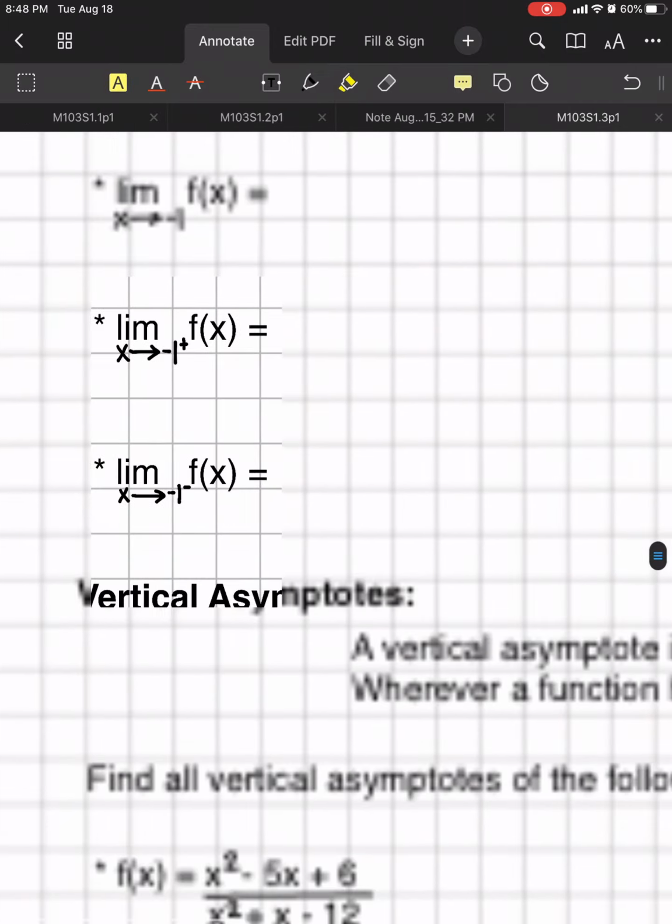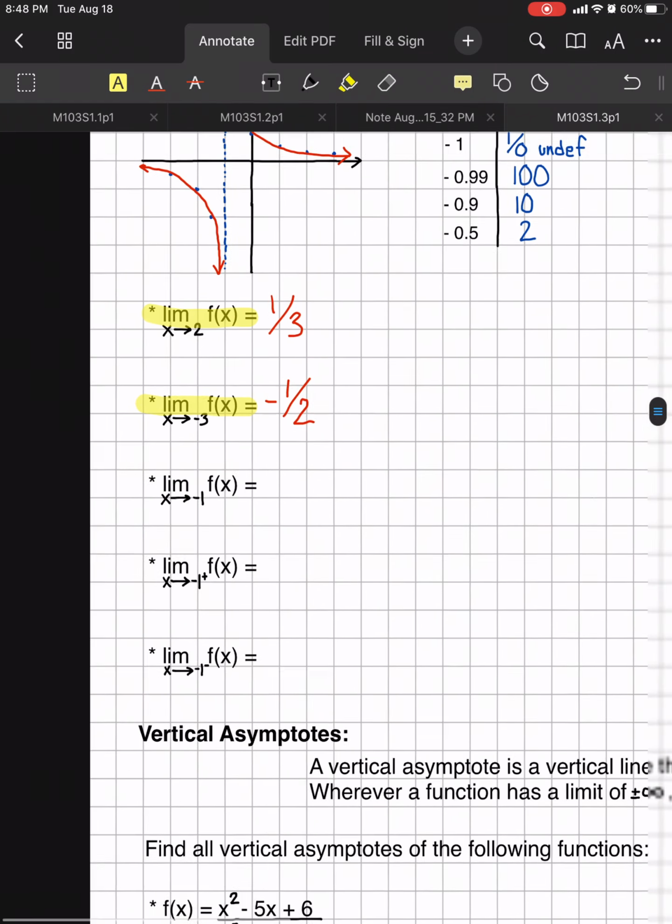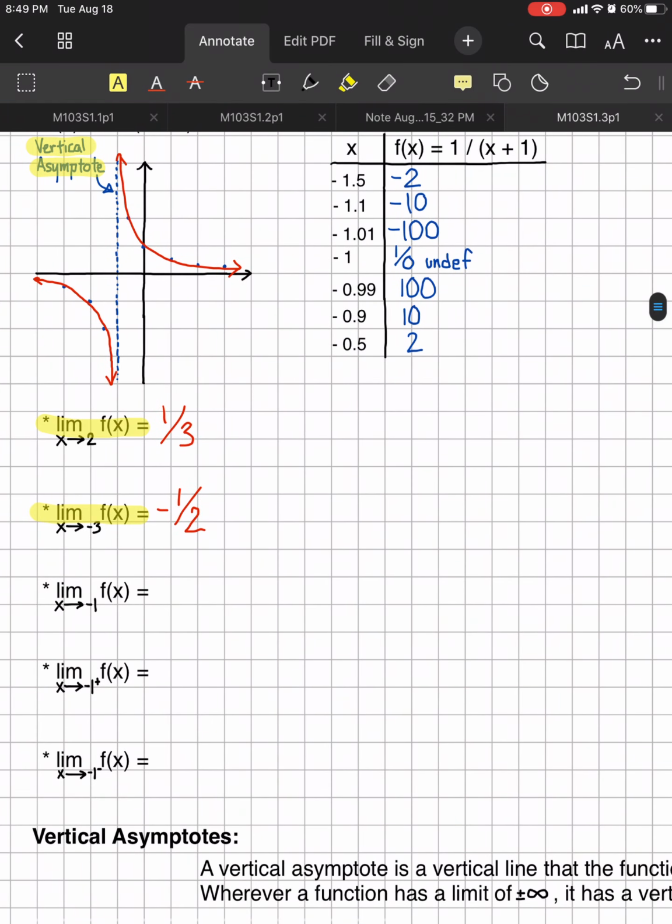Okay, so these are the points where we have an issue, where things don't work out the way we've dealt with before. Now, in order to talk about the limit as x goes to -1, at first we'll have to talk about these other two limits, the limit as x goes to -1 from the right and the limit as x goes to -1 from the left.